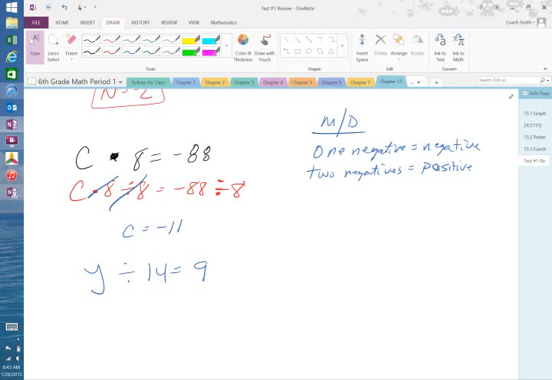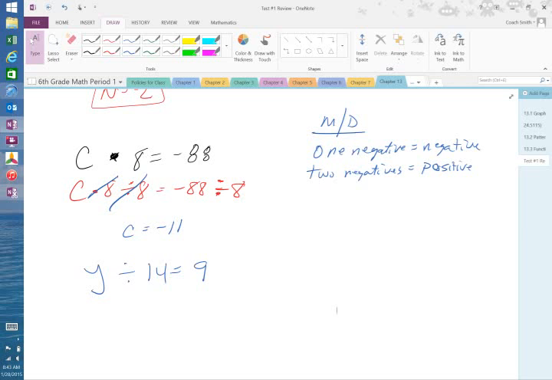All right, for number 12, we have y divided by 14 equal 9. So, what is the inverse of dividing by 14? Isaac?